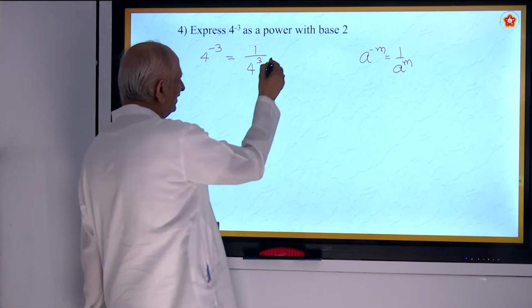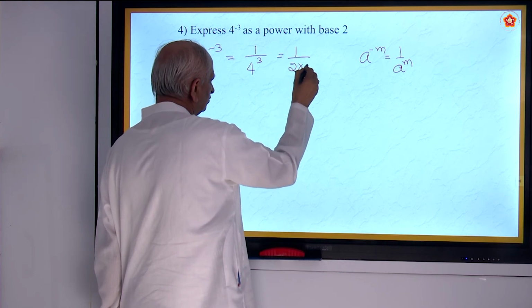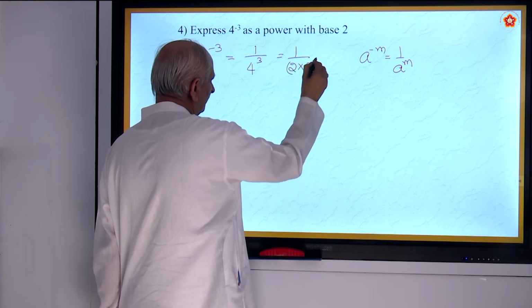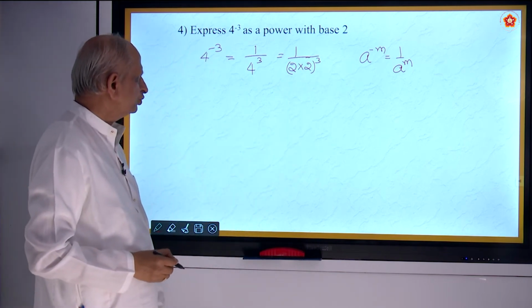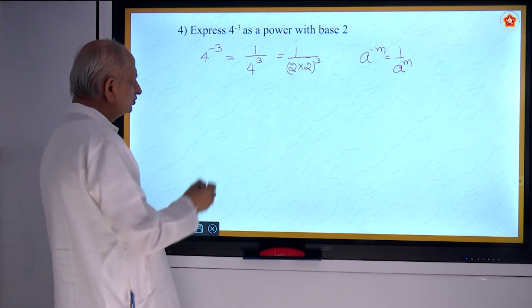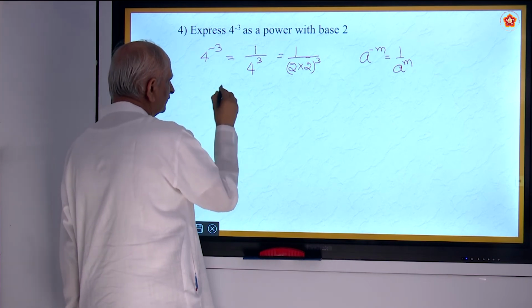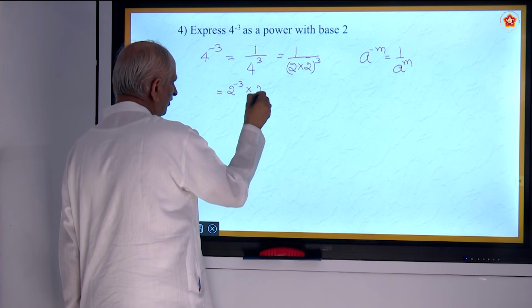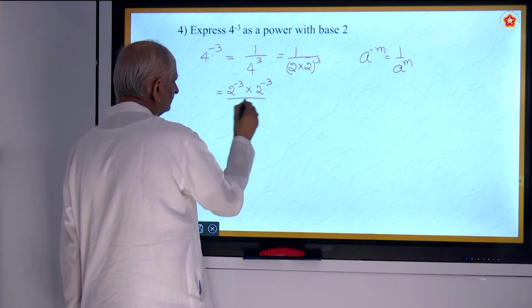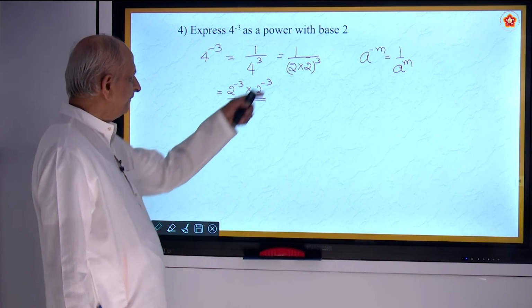Now what is 4 cube? 4 is 2 into 2, so 2 squared cubed, that is 2 to the 6. So you can write it as 2 to the power of minus 6, because you are asked to write in the form of base 2.